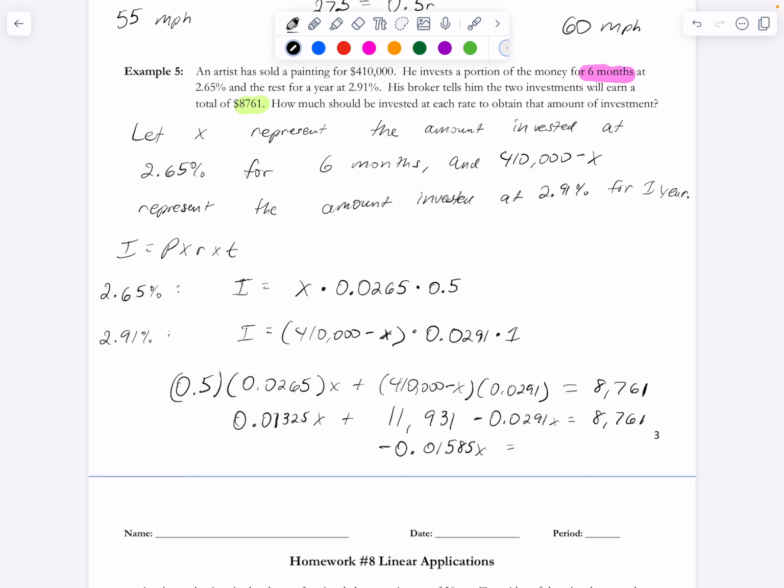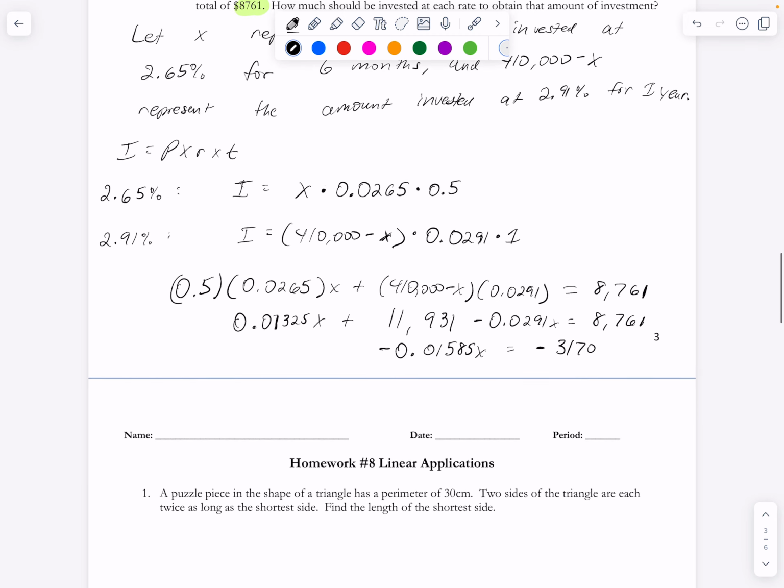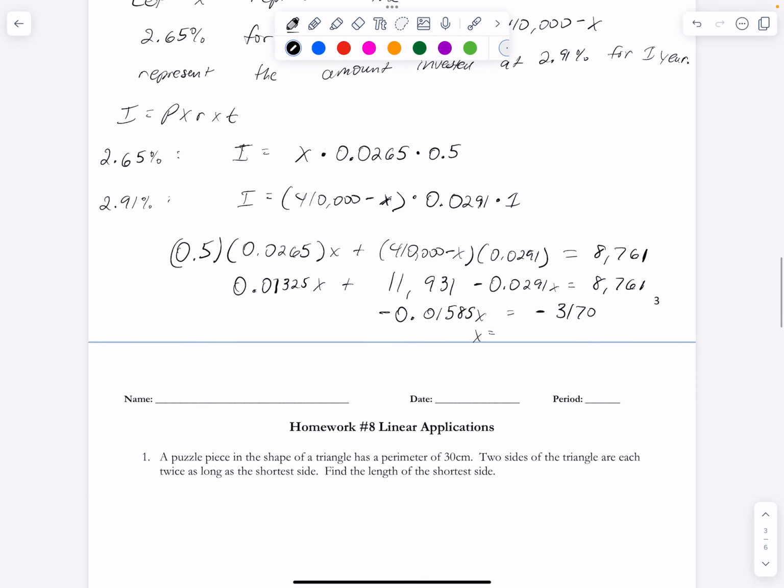Move the 11,931 over, and it's okay that we have a negative number when we move it over with minus, because our number in front of our variable is negative, so negative 3,170. And if I divide both sides by that negative 0.01585, that will give me the amount we're investing. So X ends up being $200,000.